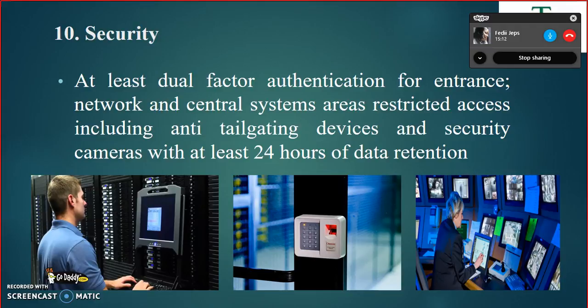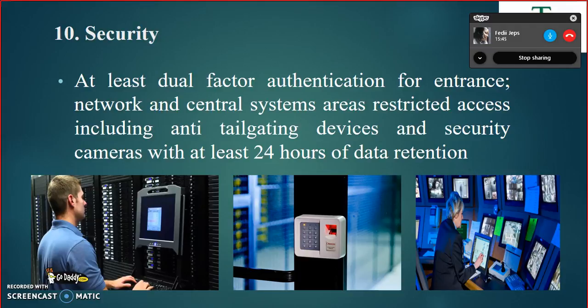As you can see from the second picture, that's a method of authentication, actually physical authentication. Before somebody physically accesses that particular data center, he or she has to be authenticated. As you can see from the second picture, authentication is achieved through a fingerprint or entering a digit code.